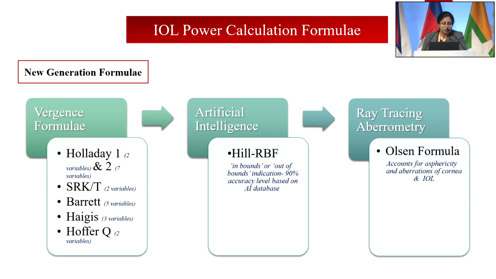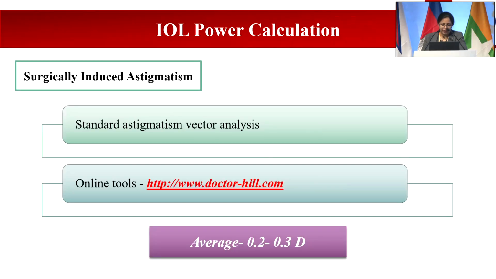Vergence formulas, the newer ones are Holladay, SRK/T, Barrett, Haigis, Hoffer Q. We have artificial intelligence in the mix. It is soon going to replace a lot of formulas that we have been relying on: Hill RBF, PEARL DGS, Okulix, and then the ray tracing aberrometry based formulas such as the Olsen formula, which accounts for asphericity and aberrations of the cornea and IOL.